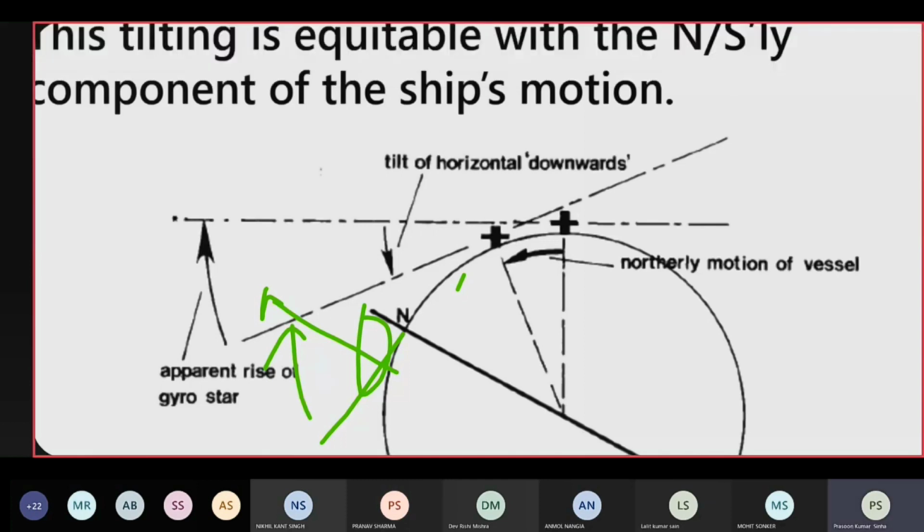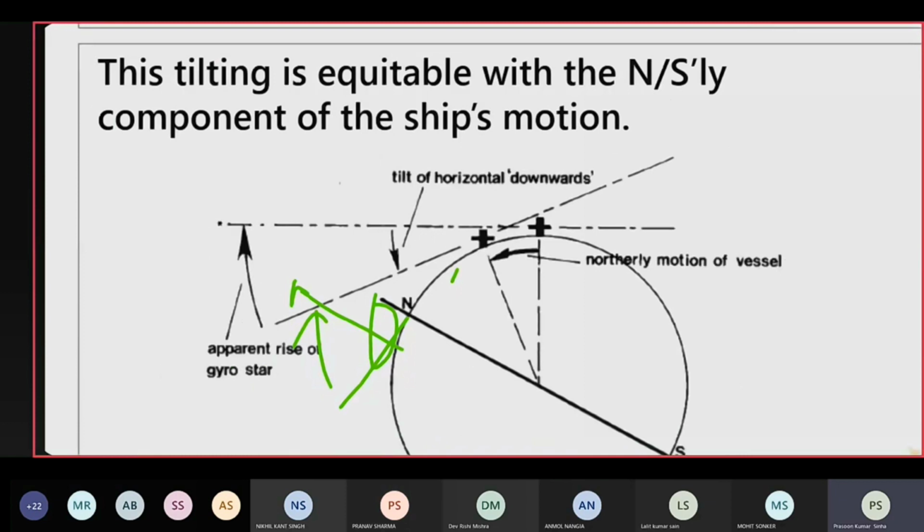So what we said is that the motion of the ship, if there is a southerly or northerly component, there is also some tilting being experienced by the spin axis due to the motion of the ship.